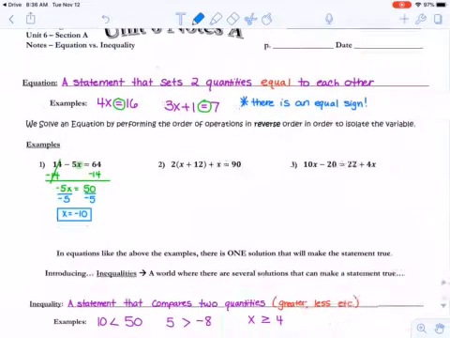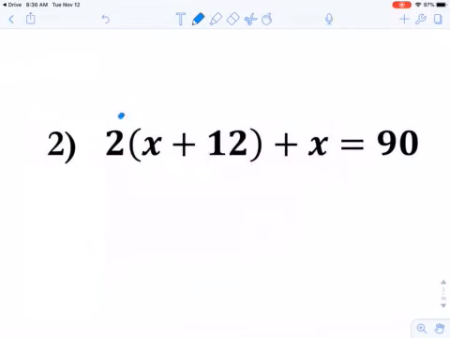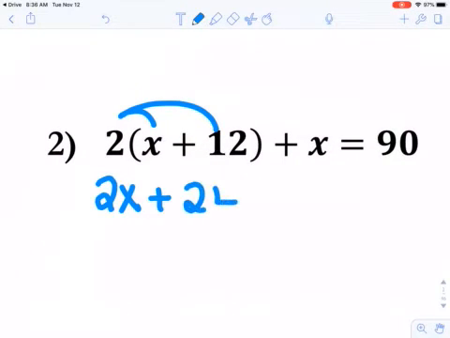I know you guys know how to do these next 2 equations, but it's just review, so I want you to give them a try. And hopefully we'll get the right answer. I'm going to go through this a little bit quickly. We have 2x plus 24 plus x equals 90. Then we combine like terms.